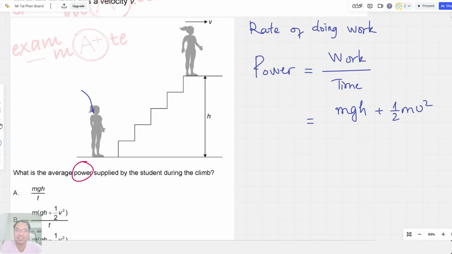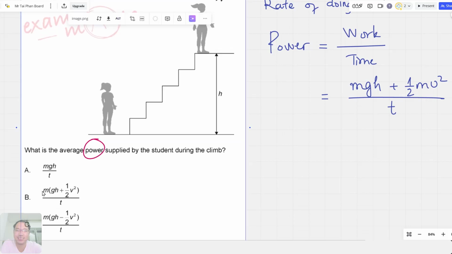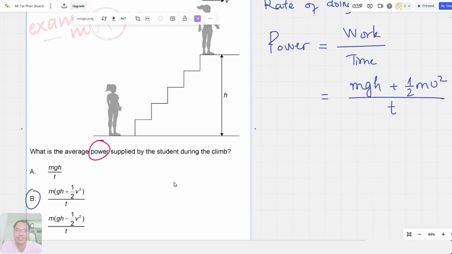The work of her body, her chemical energy, the muscle, converts into the two types of energy, all over time. Do we know the time? No, we don't, but it's just the letter T, which means the answer is B, making the mass the common factor, just like that. Answer B. Yes. Okay.